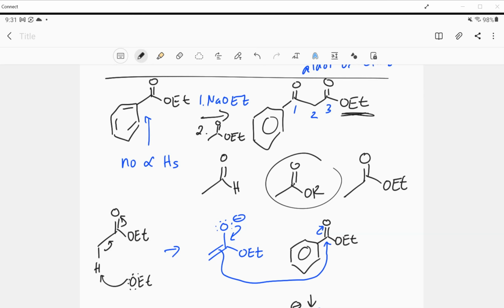You could. Instead of the first step, we use that? You could, yes. Although typically, because we don't have alpha protons, we are okay to use the ethoxide. KH or LDA will get us there, no problem, right?